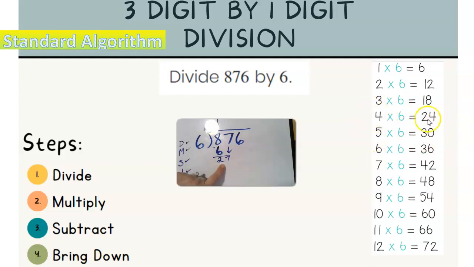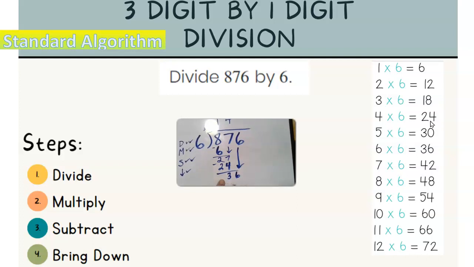So I'm going to use the multiplication fact 6 times 4. So 27 divided by 6 equals 4. Check. 4 times 6 equals 24. I multiplied. Check. Now subtract. 27 minus 24 is 3. Bring down the next number, which is 6.